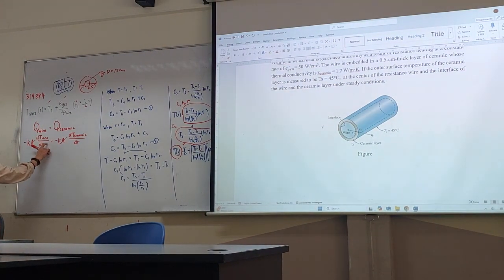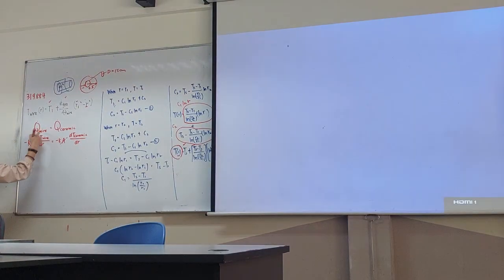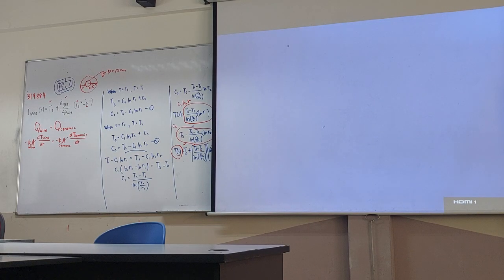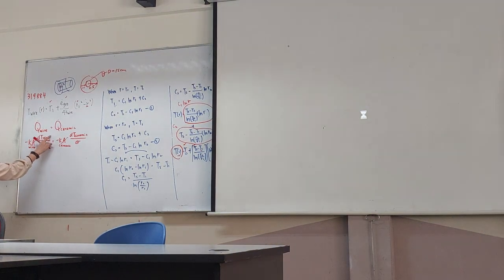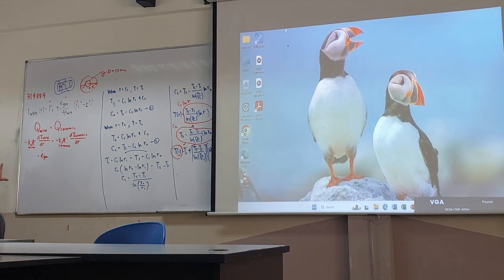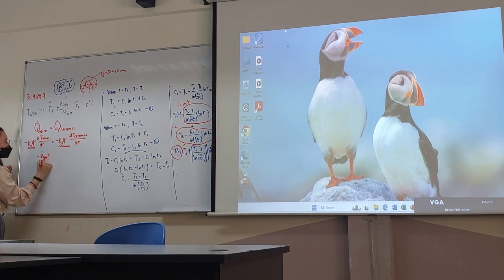Okay, so look at the equation. This is wire, and K wire and K ceramic are different. From the previous equations, what dT over dr for the wire yesterday you get is negative E gen R over 2K, right?